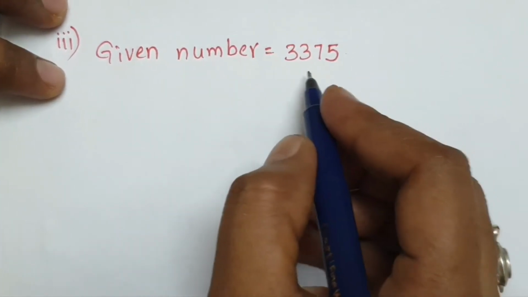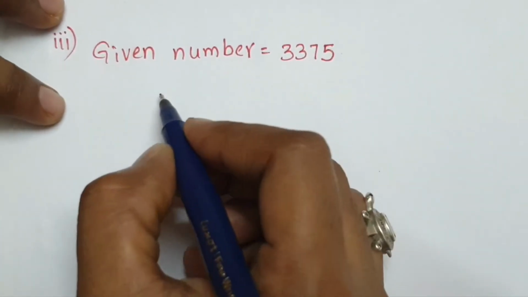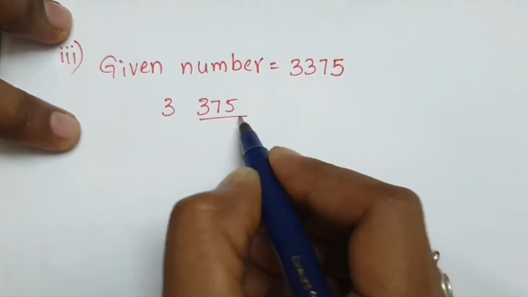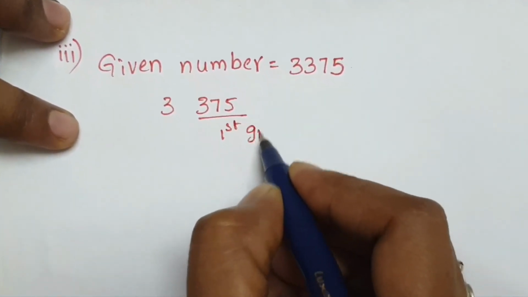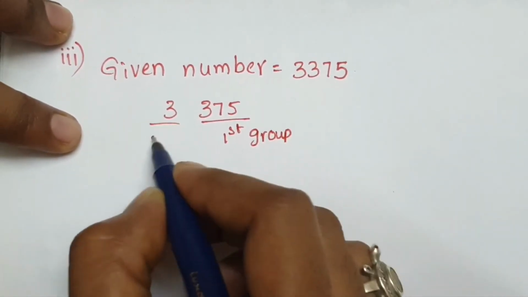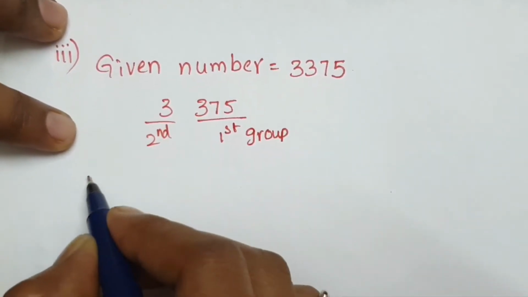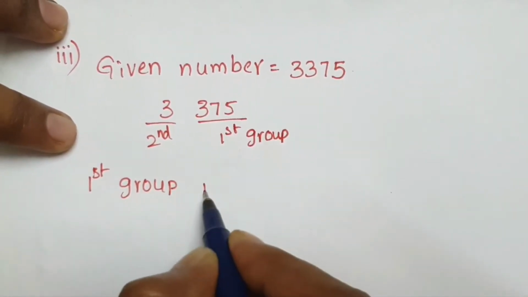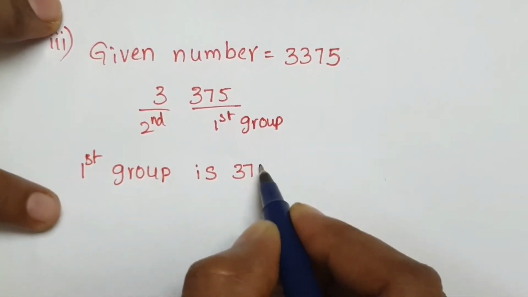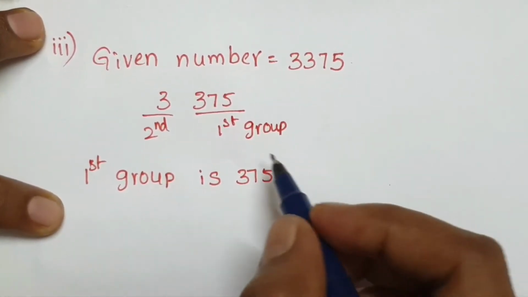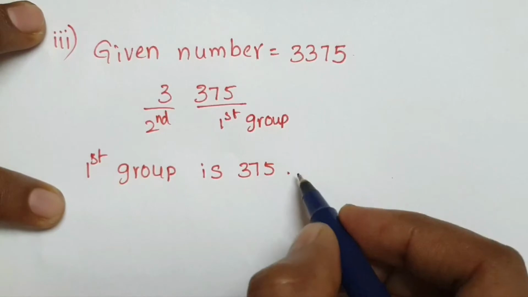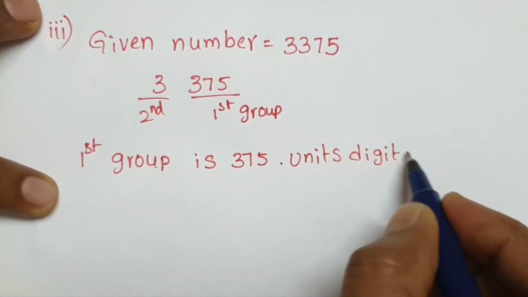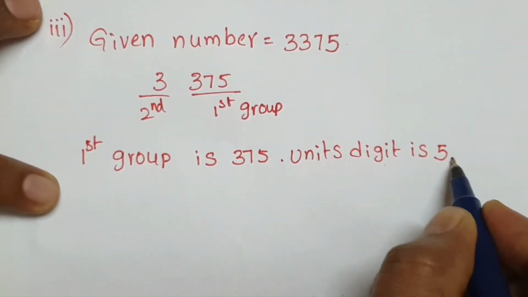Next, given number 3375. Divide into two groups, the first 1 digit and the next 3 digits. This is the first group and this is the second group. Here the units digit is 5.